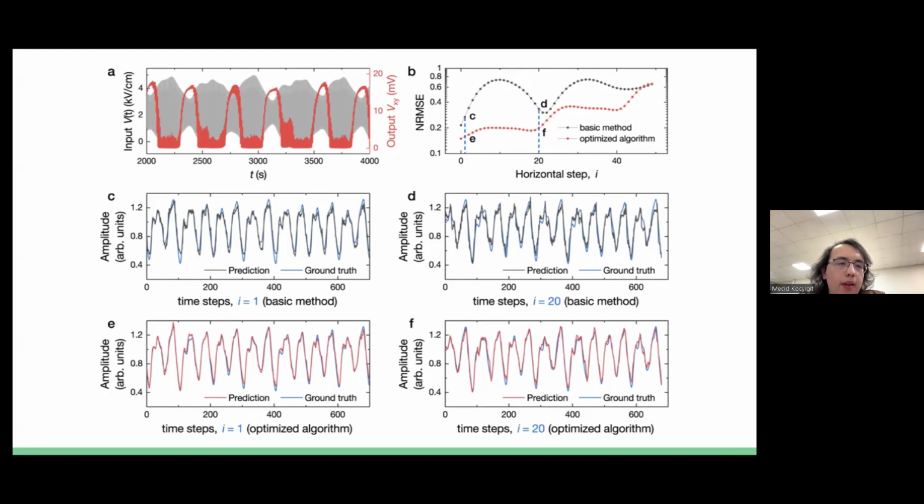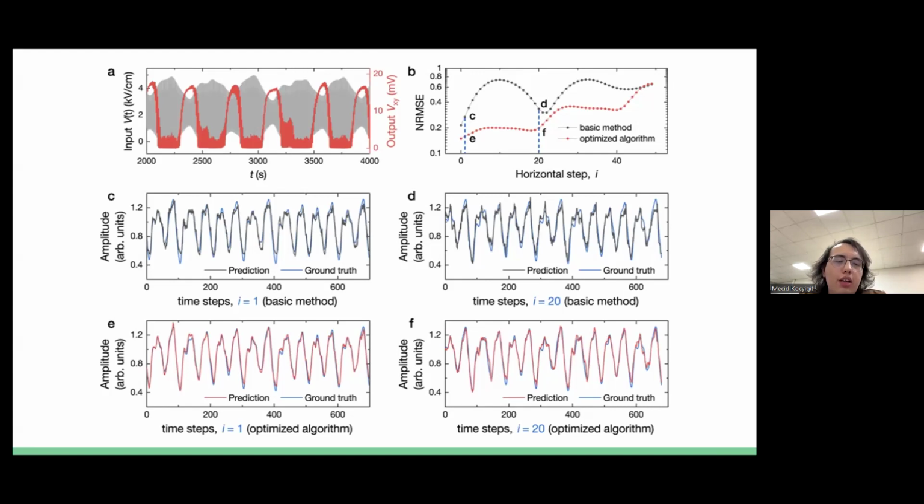And of course, we can see the improvement on the blue lines and the red lines. In general, it is more difficult to predict the later steps due to the chaotic nature of these series. So the system works very well for I equals 1.